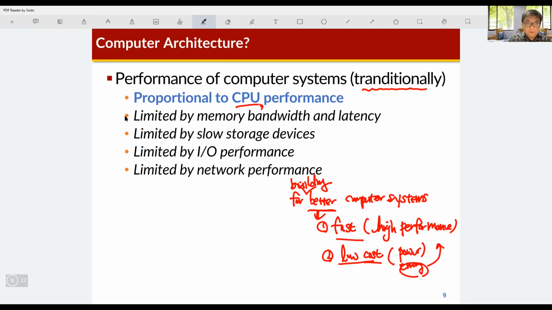So, right? These are very slow. So for the traditional computer system, the CPU is very critical, and CPU performance determines the performance of the entire computer system. So what you need to remember is the traditional computer system.